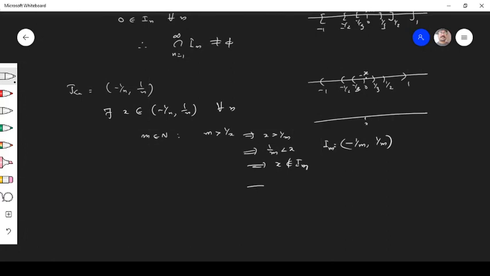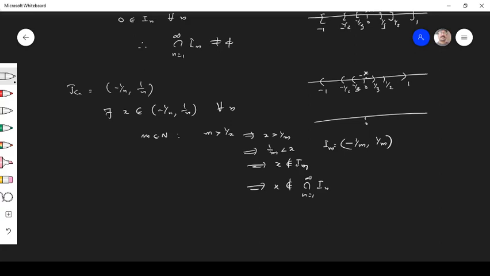It implies x is not in the intersection of I_n for n equal to 1 to infinity. So there is no such x. Actually, it's a contradiction. We had taken that there exists an x which belongs to (-1/n, 1/n) for every n, but here we are getting that x is not in the intersection, since x is not in I_m.